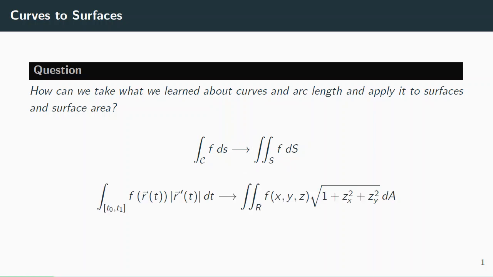And mathematically, the way this really happens is we had parameterized the line or the curve with r, the parameterizing function, and t went from t0 to t1. And then the velocity, r prime, made into a magnitude, gave you the length, right? So ds, that piece of length, was really the velocity times time. That gave you that length.